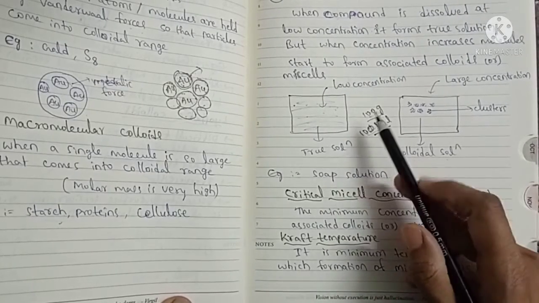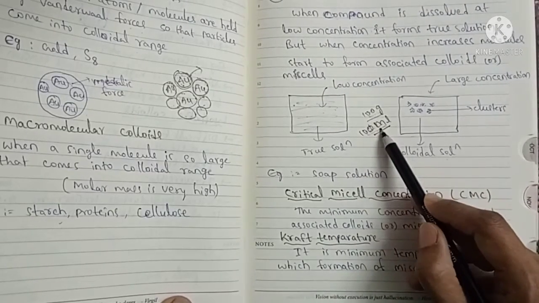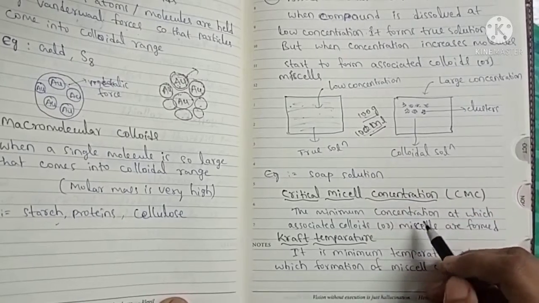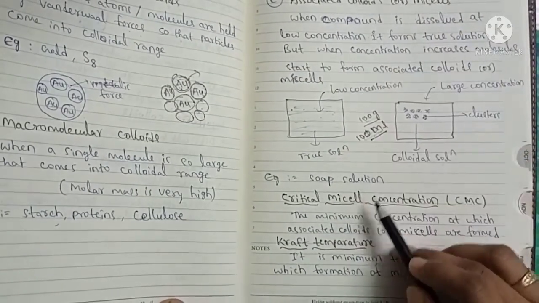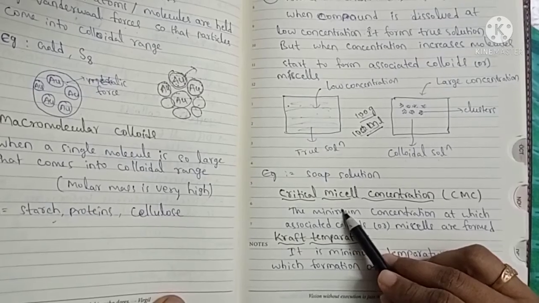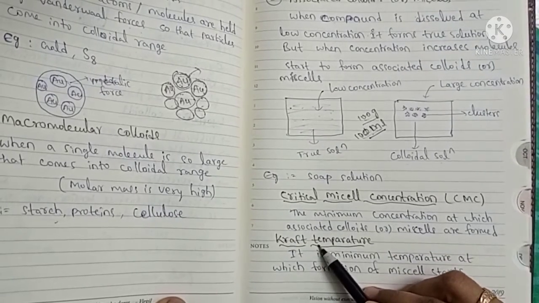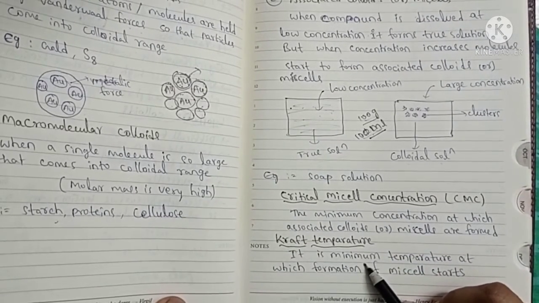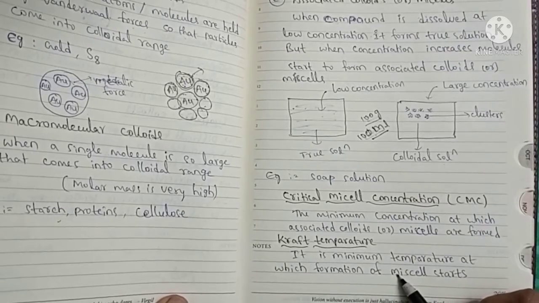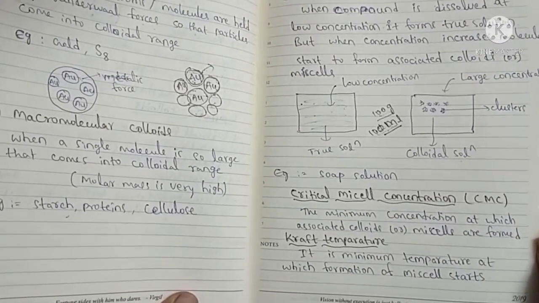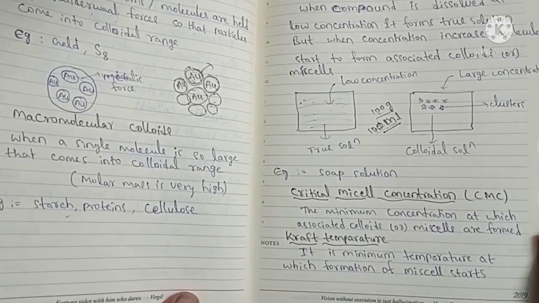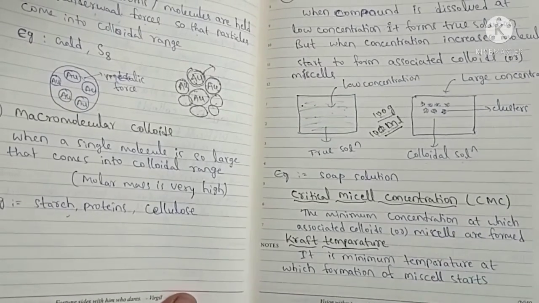It means the concentration required to form associated colloidal solution or micelle. And Kraft temperature is the minimum temperature at which formation of micelles starts. The temperature at which associated colloids or micelles are formed is called Kraft temperature.